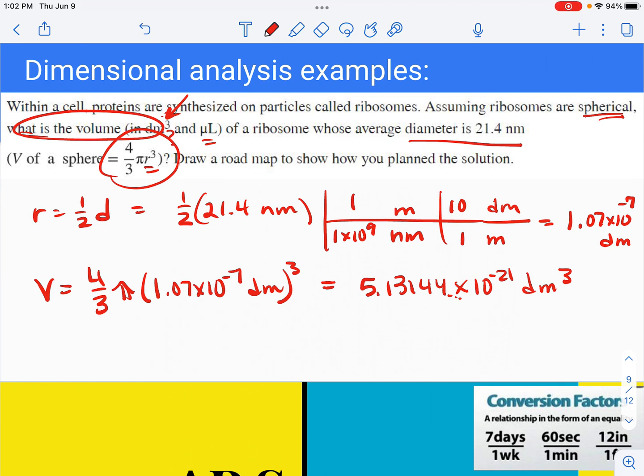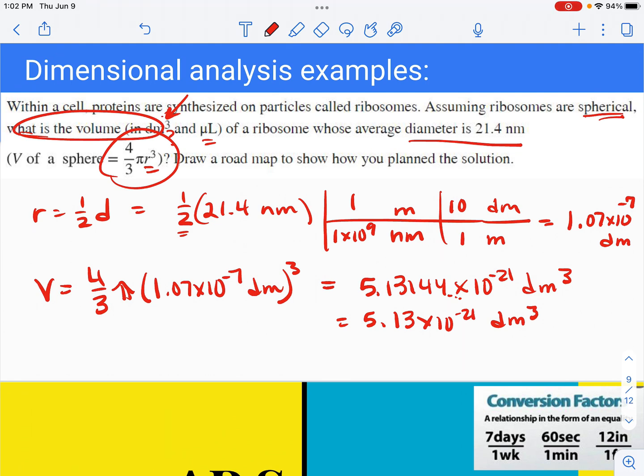I think in this I have 3 significant figures because all of my metric conversions are exact, and the 1/2 is really just a mathematical definition, not a measurement. So that leaves me with 5.13 times 10 to the -21st decimeters cubed.